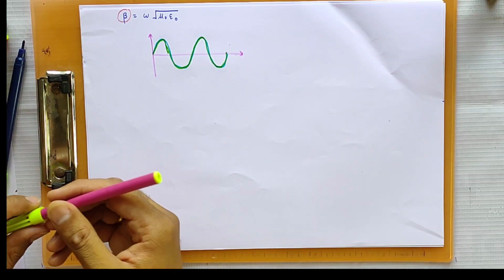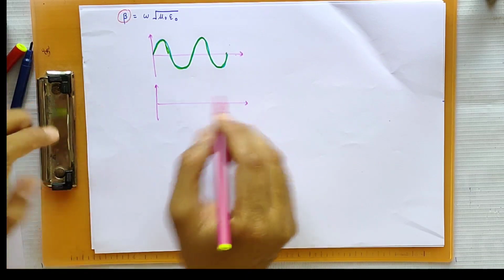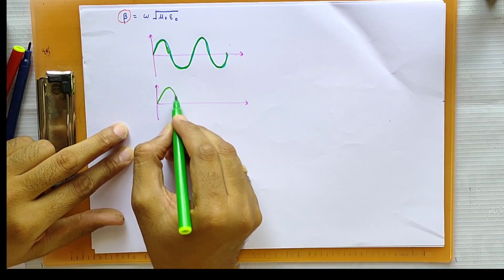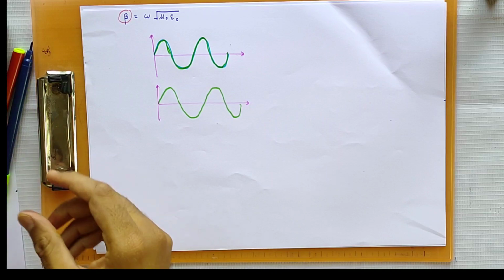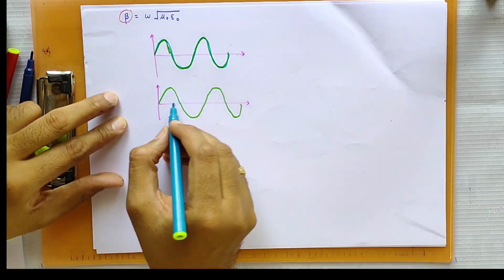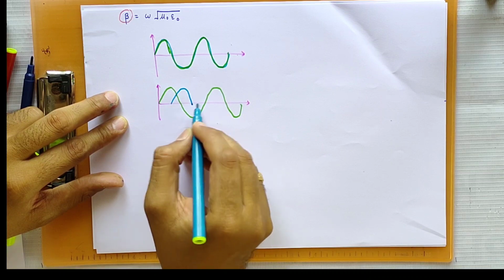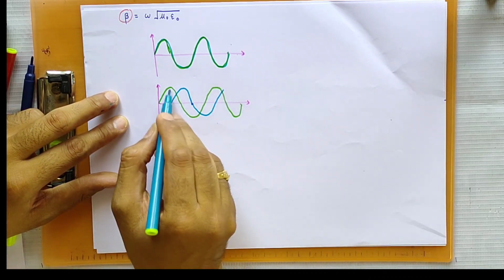Next, we draw another two signals. Suppose this one is, for example, my input signal, and this one is my output signal. Now in this case, what is the phase difference?